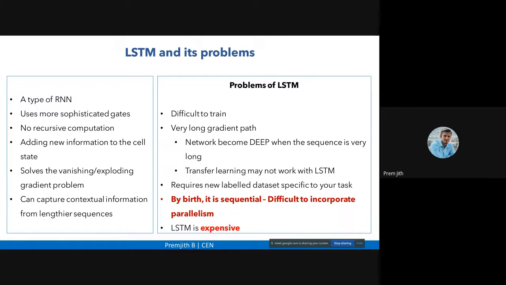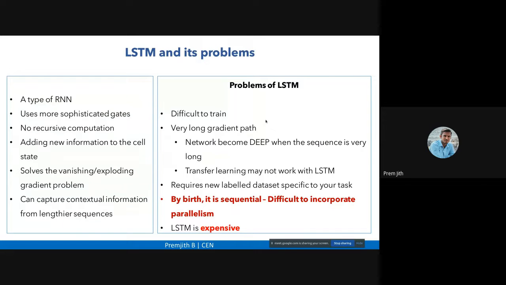So that is why LSTM was proposed, and LSTM had issues too. One issue is that LSTM uses a lot of gates, so you have to learn more parameters. That was another problem, and that is why GRU was proposed. GRU is similar to LSTM, but uses fewer parameters.